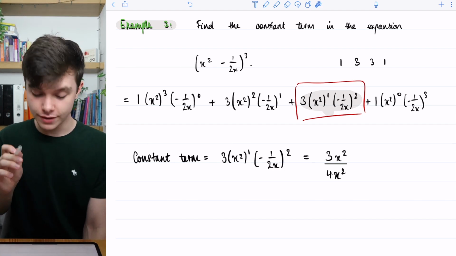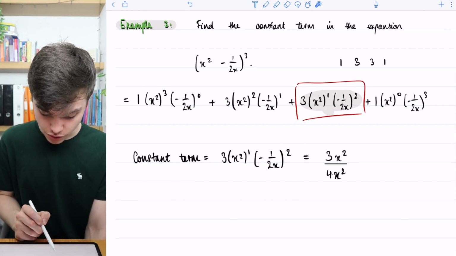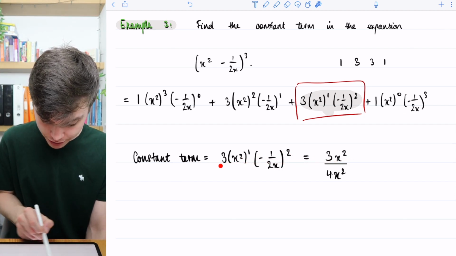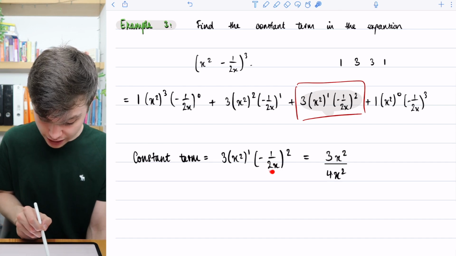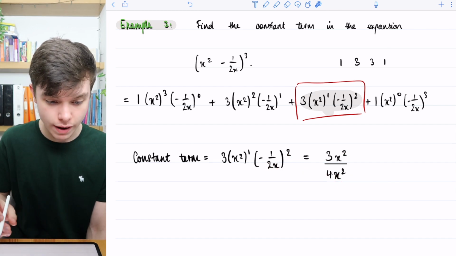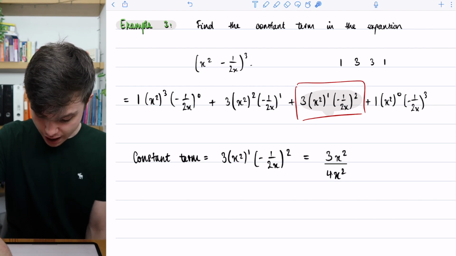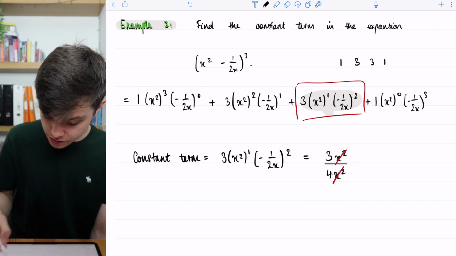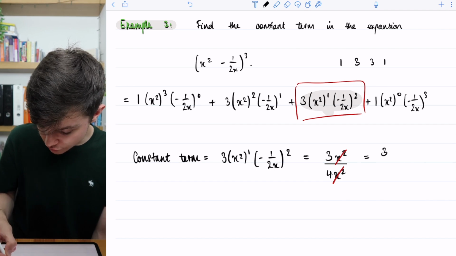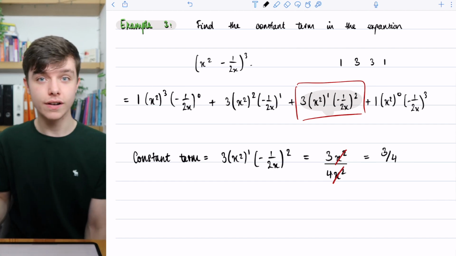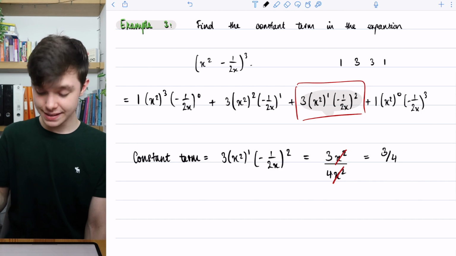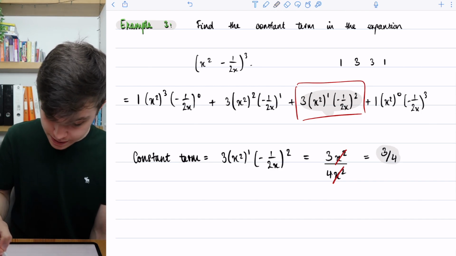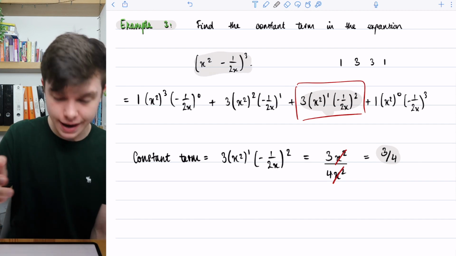My mistake, we won't have a negative there, because we've got the negative squared. But we will have the x squared on the top and the 3, and then on the bottom we'll have 2x squared, which is 4x squared, okay? And then I can see that the x squareds are going to cancel each other out on top and bottom, just to leave us with 3 over 4. And that is our constant term. That is the constant term when we expand that bracket there.